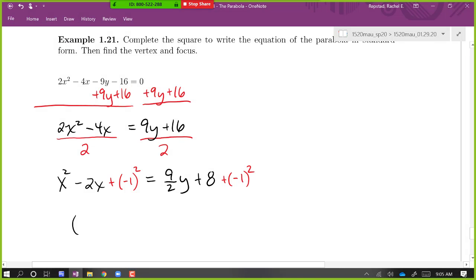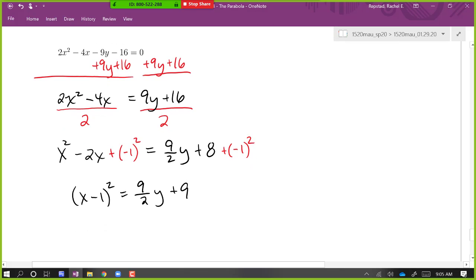So, and then what do we have on the left side once we do that? Yep. And then, just to simplify this side, 9/2 y plus 9. Now we have completed the square.